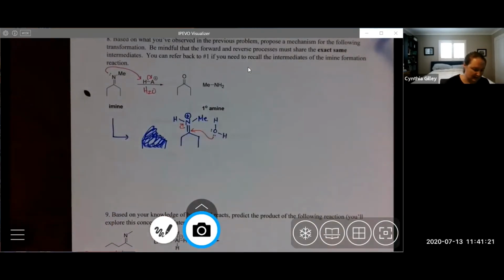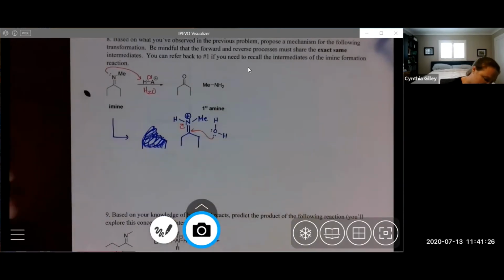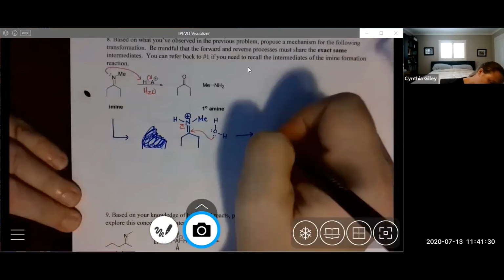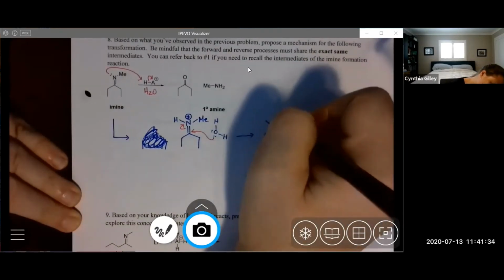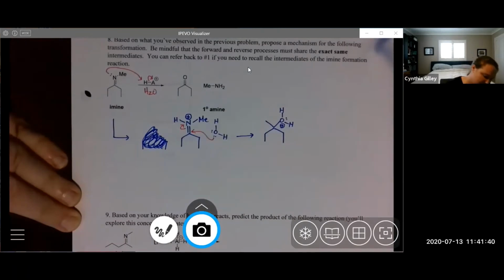This carbon is very electrophilic, so a weak nucleophile like water can definitely attack there. When water does a nucleophilic attack, initially we have the protonated oxygen.